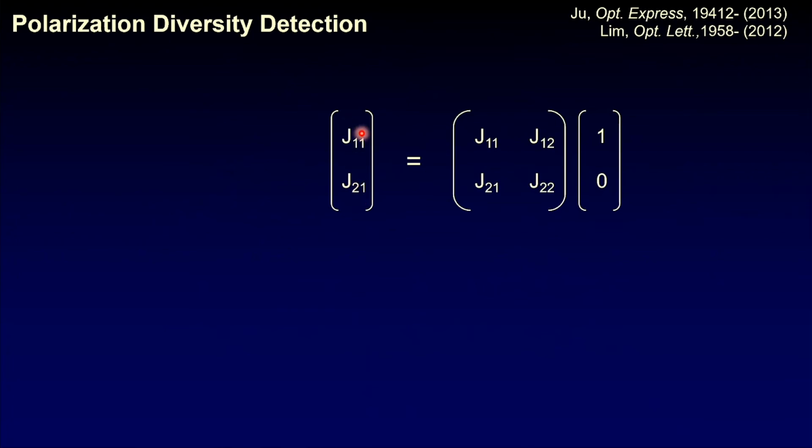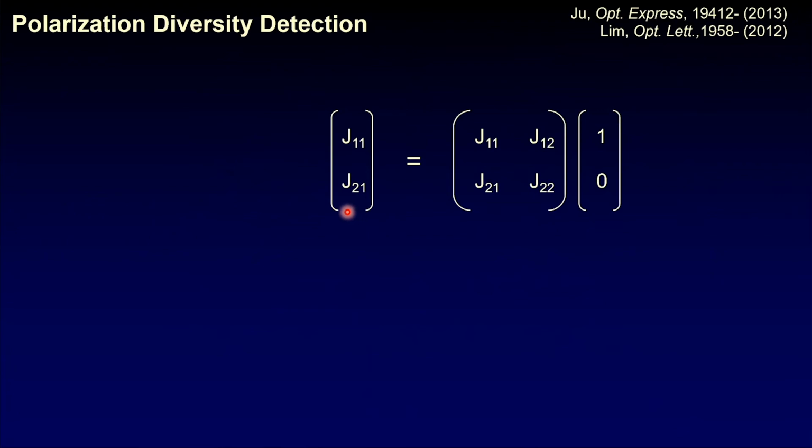This one is associated with one of the balanced photodetectors, and this one is associated with another polarization, the other balanced photodetector, BPD. So by using the polarization diverse detection, we can obtain this signal and this signal independently. By using the hardware scheme I've explained, now we can measure these 2.